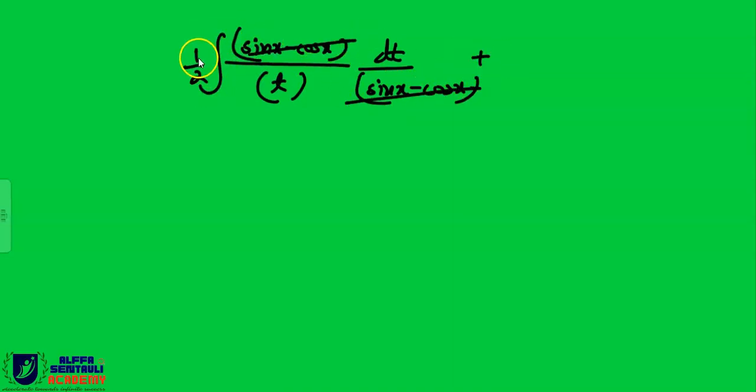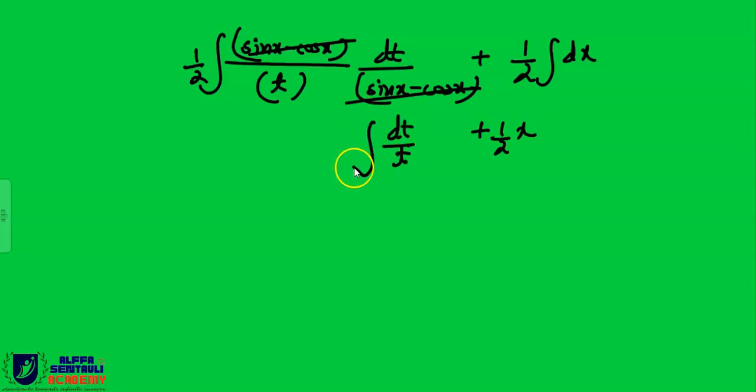This 1 by 2 will be multiplied here also, and we are left with dx. Integration of dx is x, so half x, and you will get dt upon t. Integration of dt upon t is log t, yes, log e t plus half x plus c.